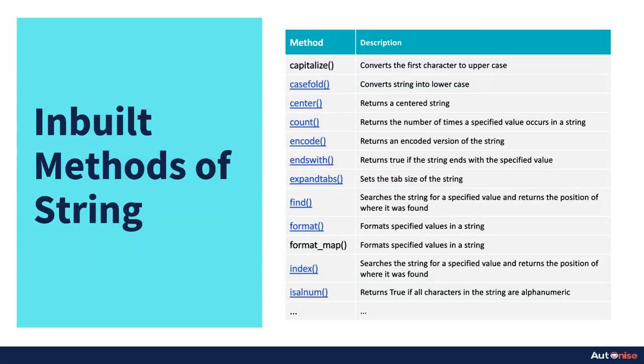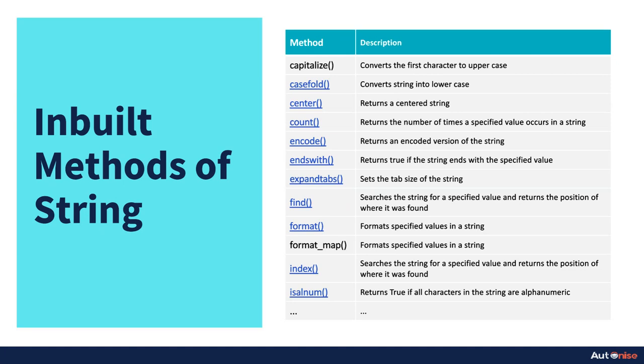Like the format method which we just used after that string, there are many inbuilt methods, and you can use these methods in a similar way as we use format, which is over here. Similarly, we have a capitalize method. If you write a string and at the end you add dot capitalize, it will convert the string to uppercase.